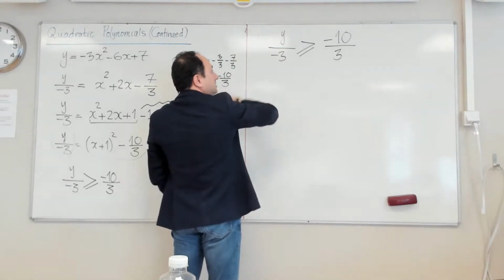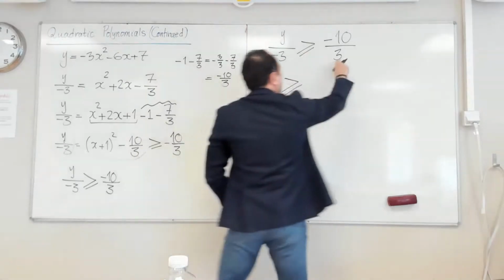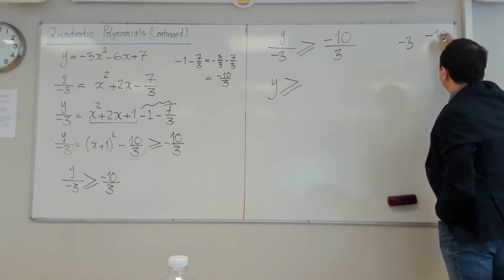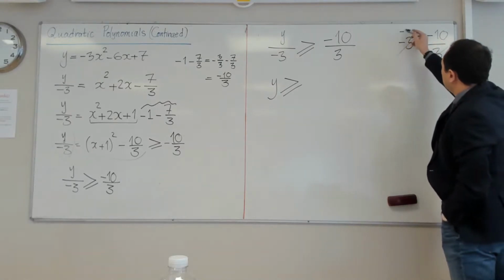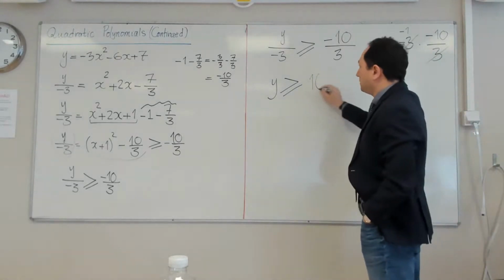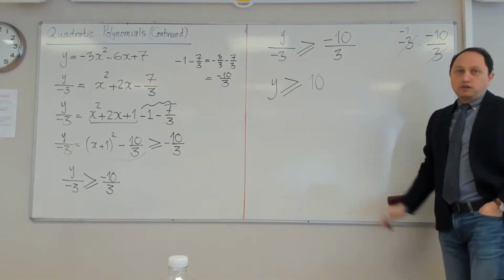Negative 3 and the negative 3 are gone. And then when I multiply this by negative 3, if you want, I can do it on scratch paper. This 3 and that negative 3 cancel. It becomes minus 1. Minus 1 times minus 10 becomes positive 10. Do you agree with this calculation?